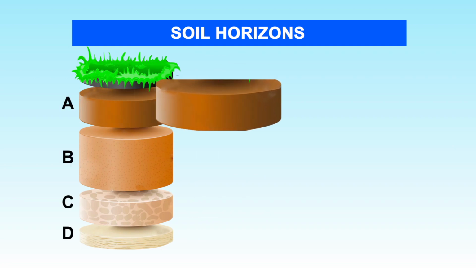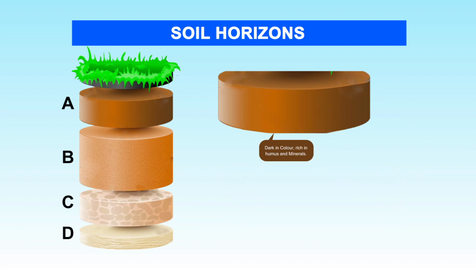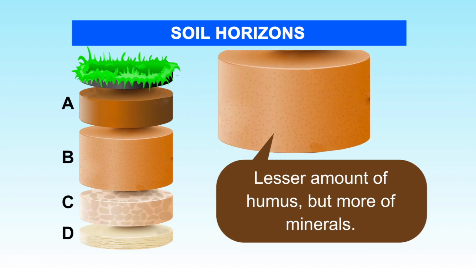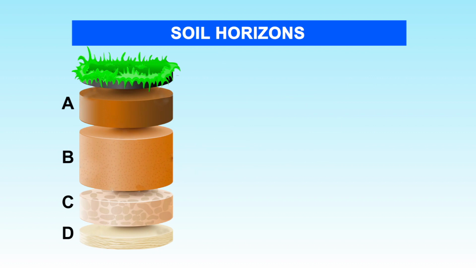The uppermost horizon is generally dark in color as it is rich in humus and minerals. The next layer has a lesser amount of humus but more of minerals. This layer is generally harder and more compact and is called the B horizon or the middle layer.